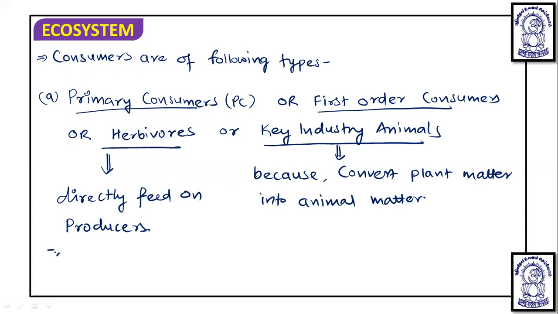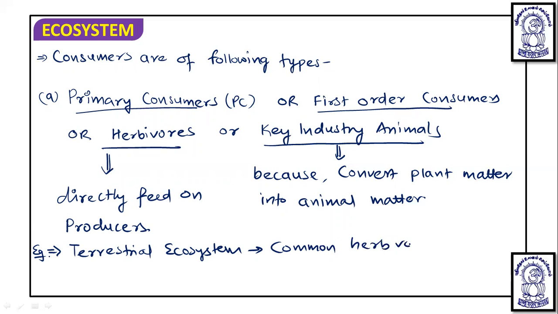If we talk about their examples, in the terrestrial ecosystem the primary consumers, or common herbivores, are grasshopper, cow and deer.